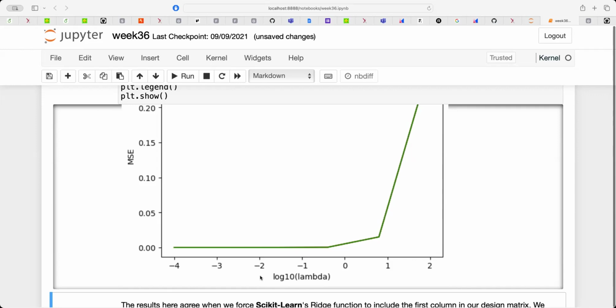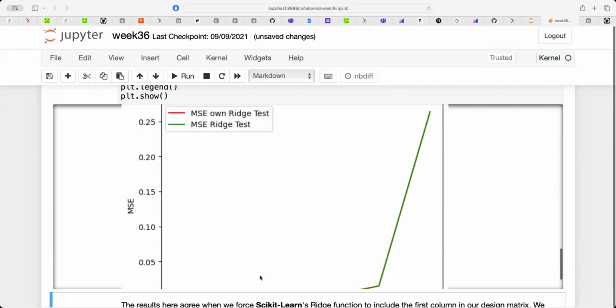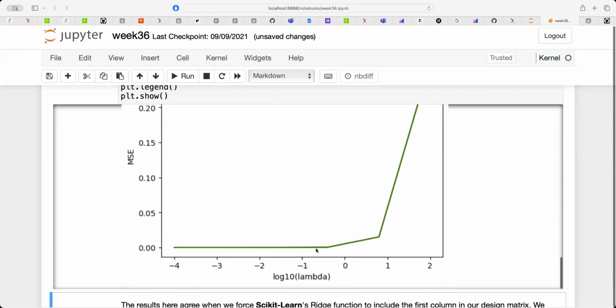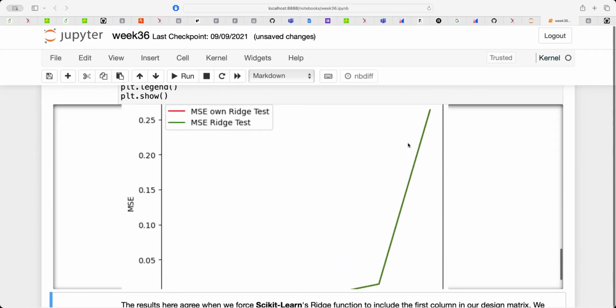And then you will see that the mean squared error increases. And this is what you see here. So after a certain region, this starts increasing. So for the mean squared error, after I've done the fitting of the models, it seems that the standard optimization with ordinary least squares is the one which gives the best result.